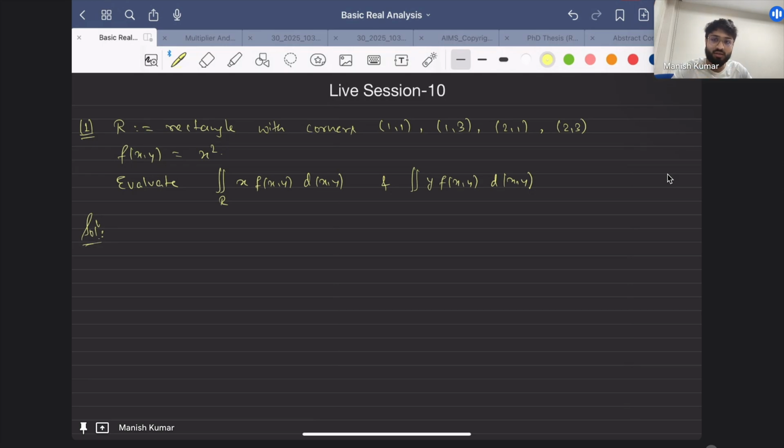Would you like to try this? Meanwhile, maybe I'll draw some pictures, because I'll wait for you guys. You better try to solve this problem.